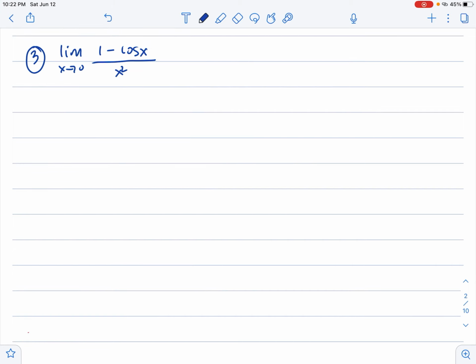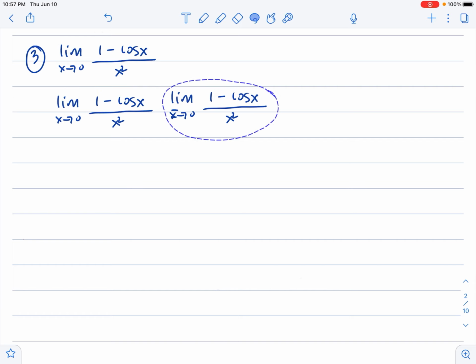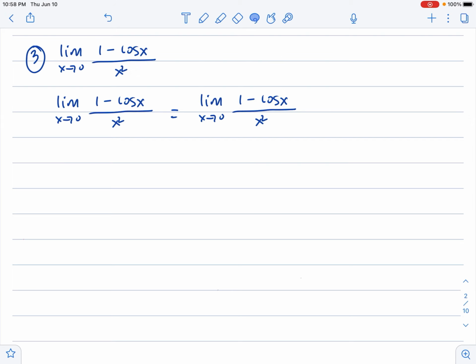So for number 3, we have the limit as x approaches 0 of 1 minus cosine x divided by x squared. And again, we copy, no? So this is equal to, I can still paste the expression. And then I multiply by 1 plus cosine x divided by 1 plus cosine x.